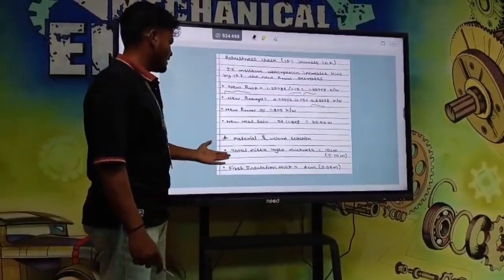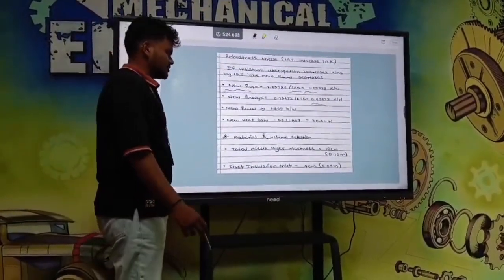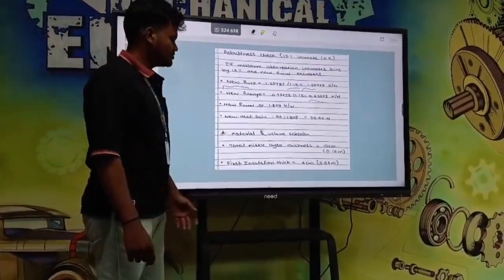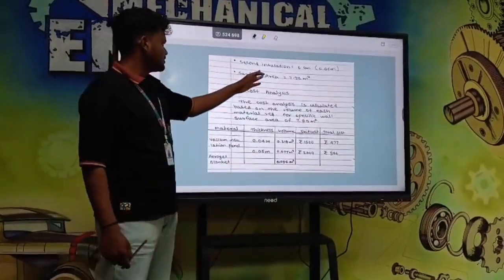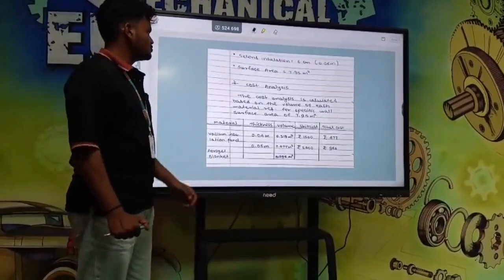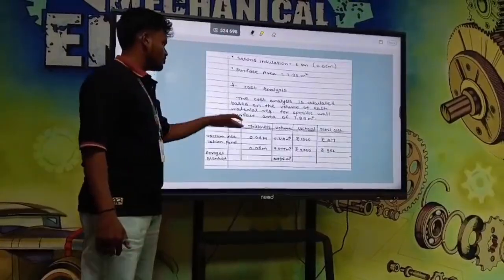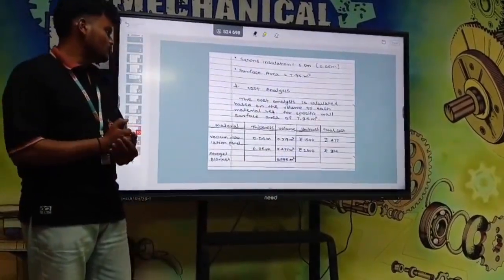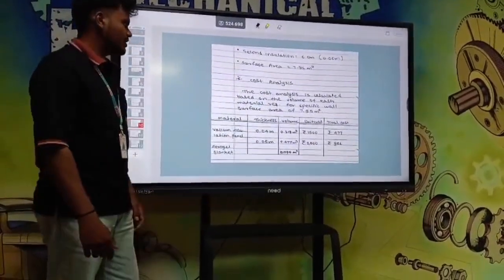Next is material and volume selection. The total middle layer thickness is given as 10 centimeter, that is 0.10 meter, the first insulation thickness is 4 centimeter, that is 0.04 meter, and the second insulation is 6 centimeter, that is 0.06 meter. The surface area I calculated is 7.95 meter square. I have done the cost analysis here, based on the volume of each material required for the wall surface area of 7.95 meter square.